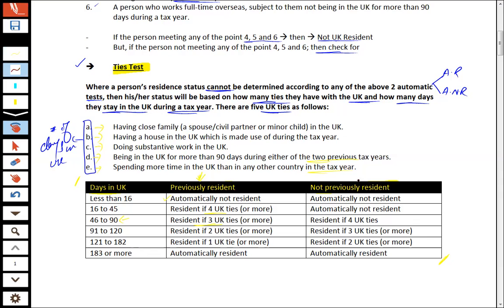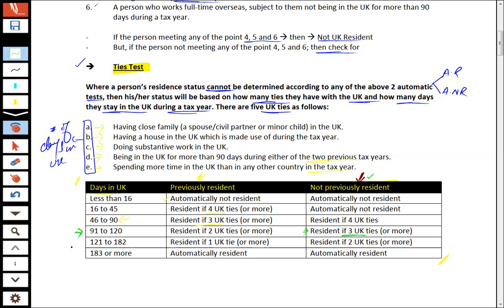Now let's talk about not previously resident. Let's say a person who was not resident in the previous tax year, and for the current tax year we are going to check his or her residence status. If a person is spending 91 to 120 days in the UK in a fiscal year and was not previously resident, then he needs to meet at least 3 UK ties.